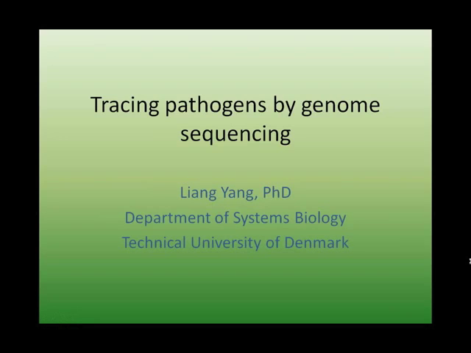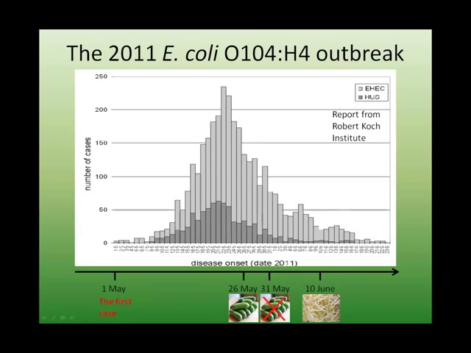Okay, now we will have an overview of the 2011 E. coli outbreak in Germany. This figure is borrowed from the Robert Koch Institute, which is the CDC of Germany. It shows the timeline of the 2011 E. coli O104 outbreak.